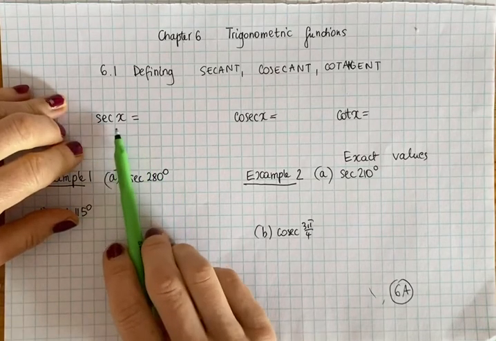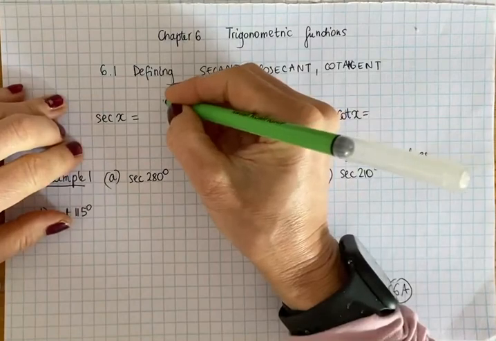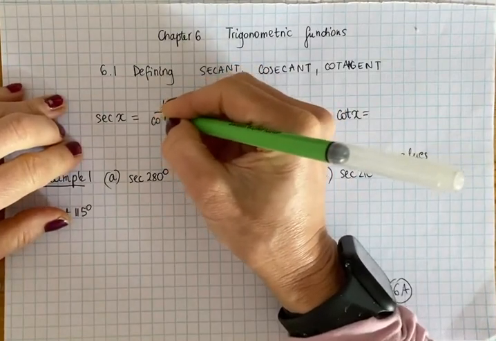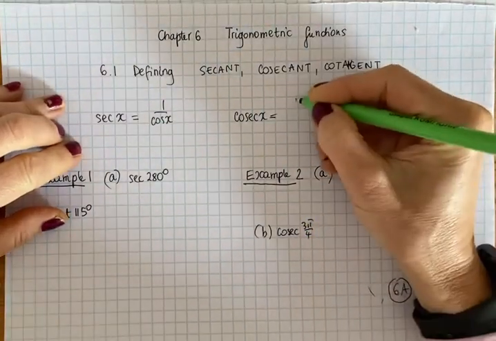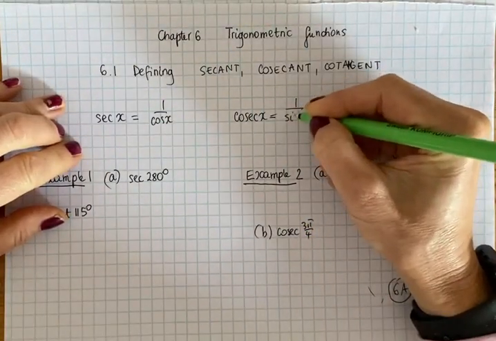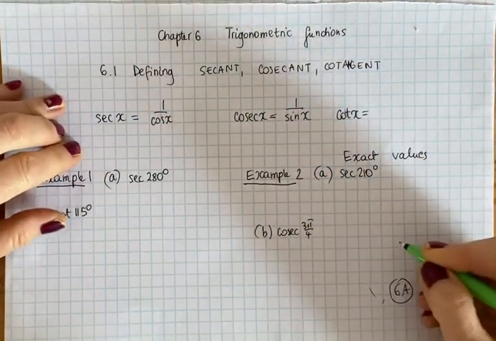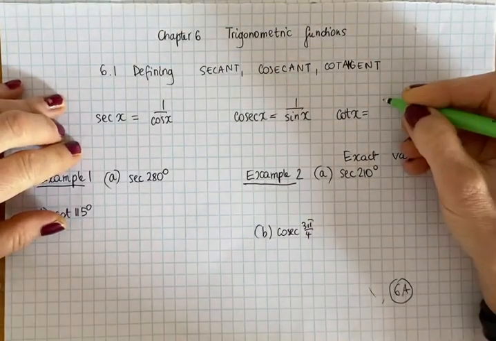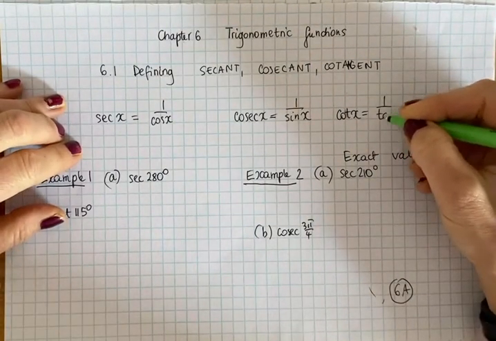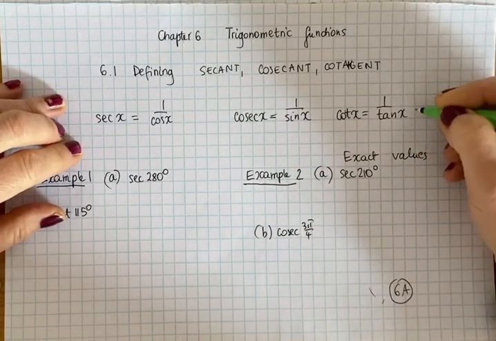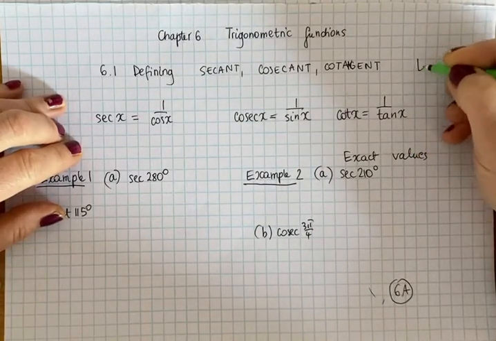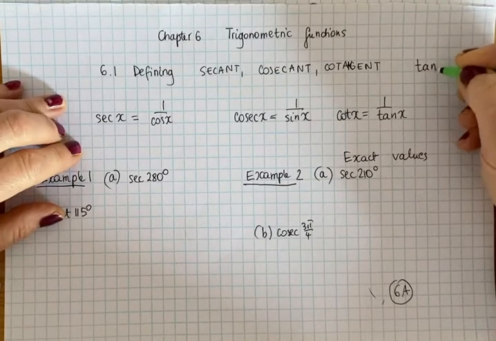So sec x is defined as 1 over cos x. Cosec x is defined as 1 over sine x. And cot x is 1 over tan x. However, with the cot x, you need to have two definitions.